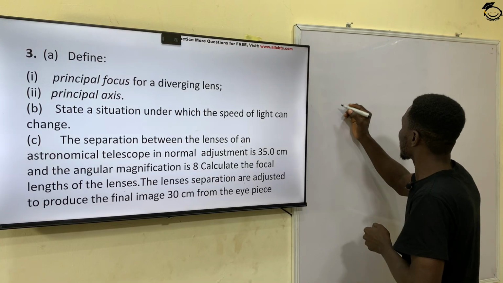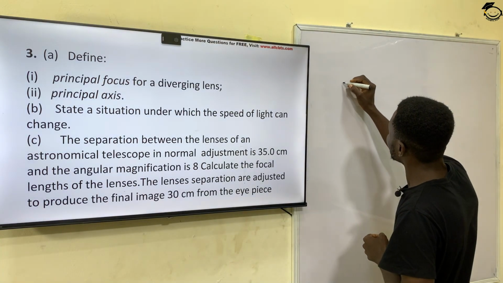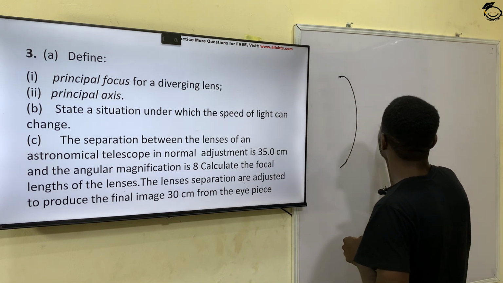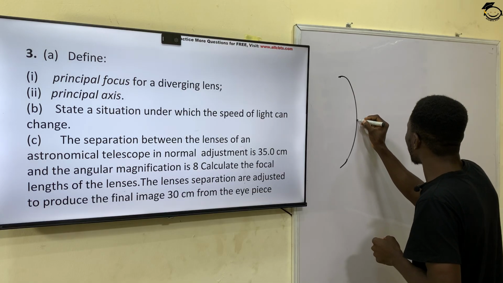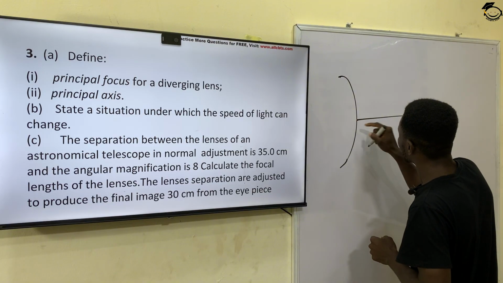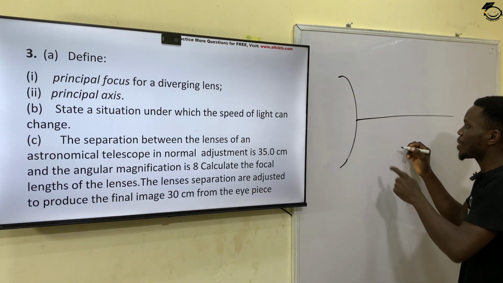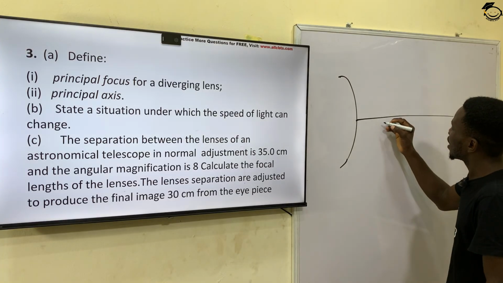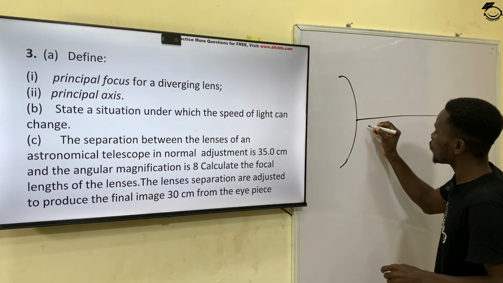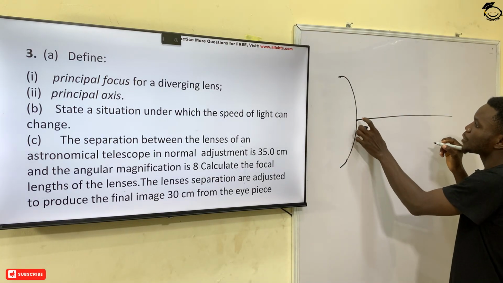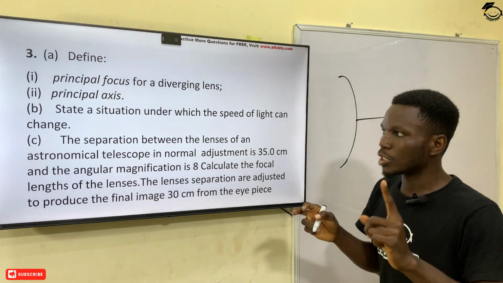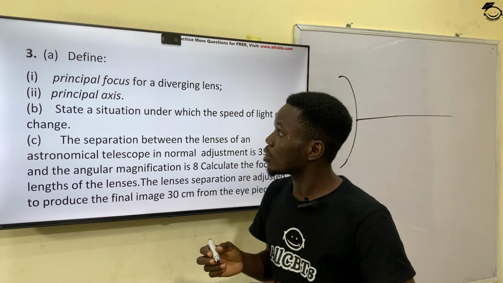If I have a convex lens, for example, the line that passes through the center of this convex lens here is called my principal axis. So it passes through the center of curvature and the optical center of this particular lens.